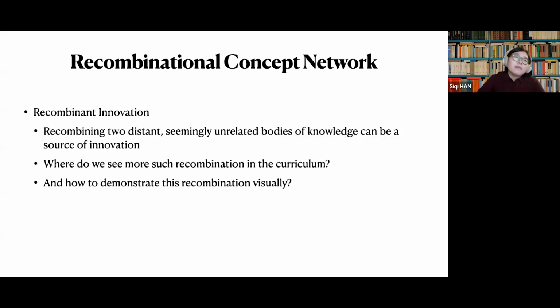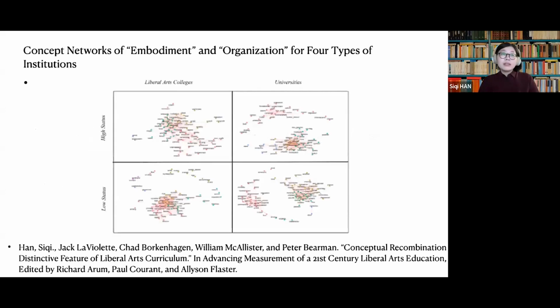So if we use this kind of insight about how innovation emerges, and we observe the college curriculum, how can we see whether a course or a curriculum is more recombinant or not? Can we see that? And can we visually demonstrate that? Can we demonstrate this recombinant knowledge network? The answer is yes.